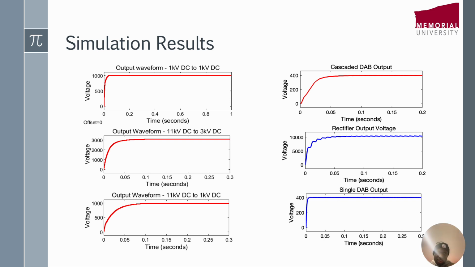So we just use three subsystems of 11 kV to 1 kV that we got in the third one. And then when we did the connection together, we are still able to maintain the primary at 11 kV, and the secondary side that we connected in series is able to give us our 3 kV DC.